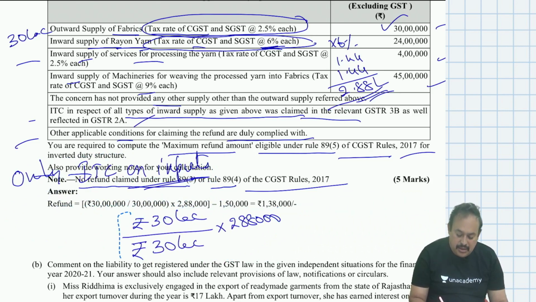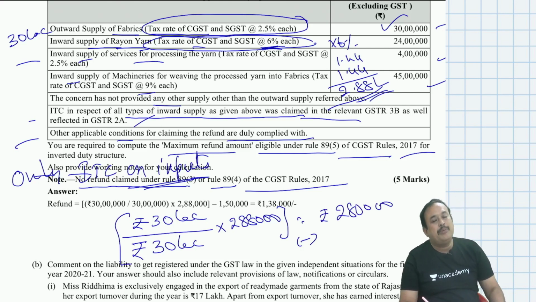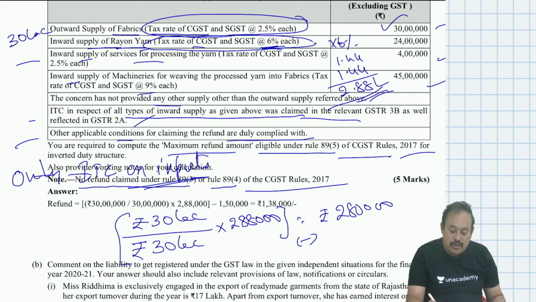From this, what is going to come out? Let us see. 2,88,000. From that, you deduct the tax payable on inverted rate output supply, which is 2.5% each on 30 lakhs. 30 lakhs multiplied by 2.5% CGST, SGST.